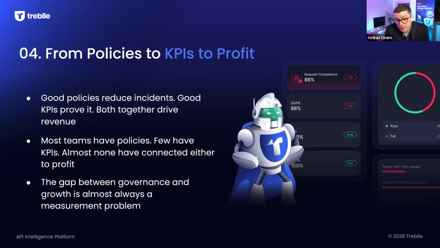I have a favorite one, which is about rate limiting. If you have a governance policy that says every API has to have rate limiting because it reduces abuse and protects infrastructure, a KPI that tracks incidents caused by missing rate limits proves that that policy is working.